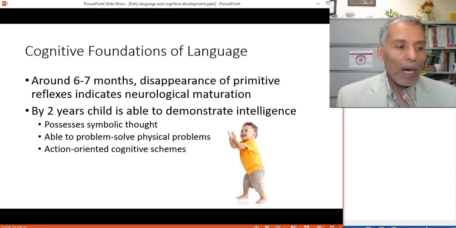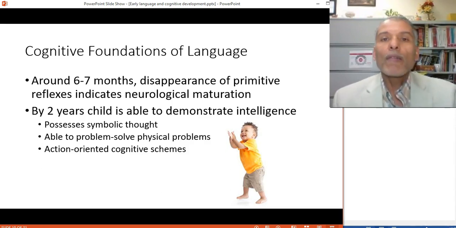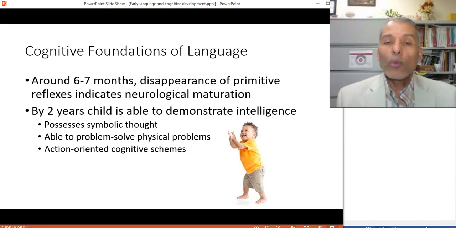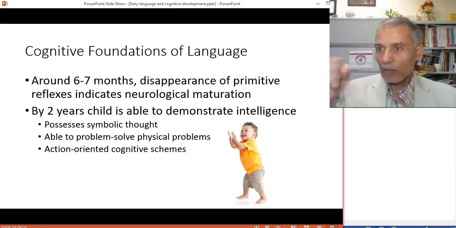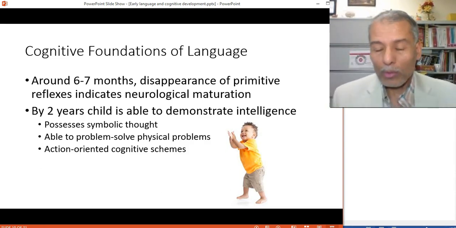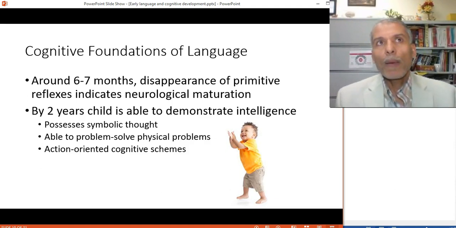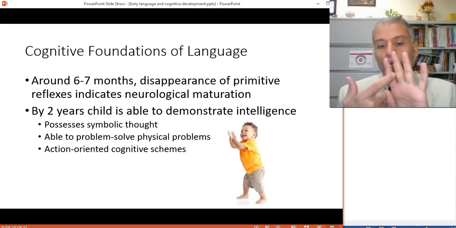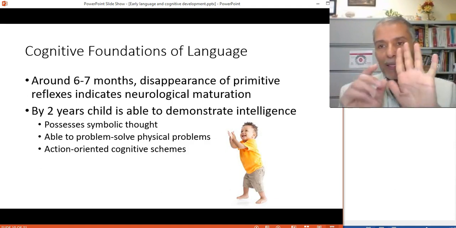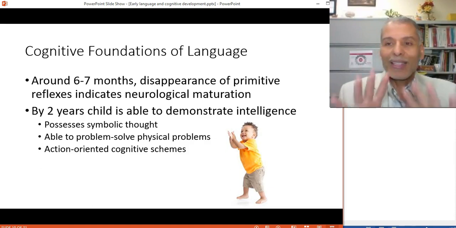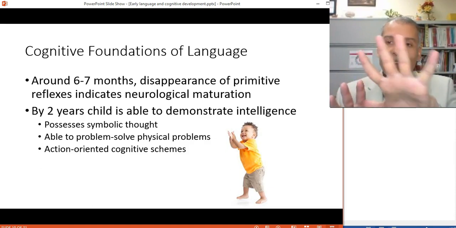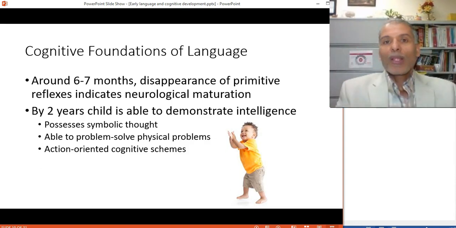Reflexes are responses that are involuntary and they are quick. Like, if you go like this in front of the baby, the baby is going to blink. If you stroke the sole of the baby's foot, they fan out their toes.